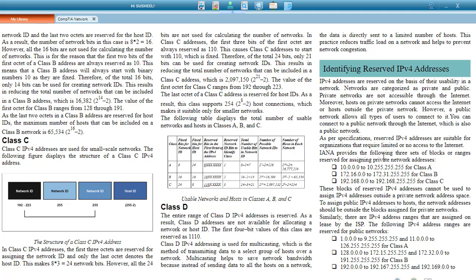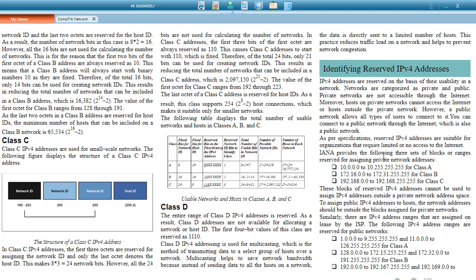Therefore, of the total 16 bits, only 14 bits can be used for creating network IDs. This results in reducing the total number of networks that can be included in a Class B address, which is 16,384, that is 2^14. The value of the first octet for Class B ranges from 128 through 191.